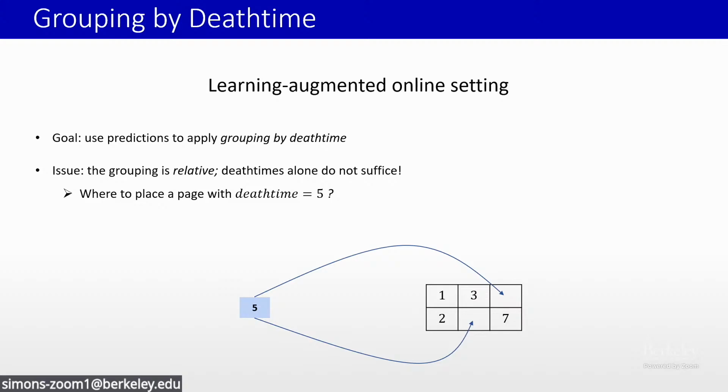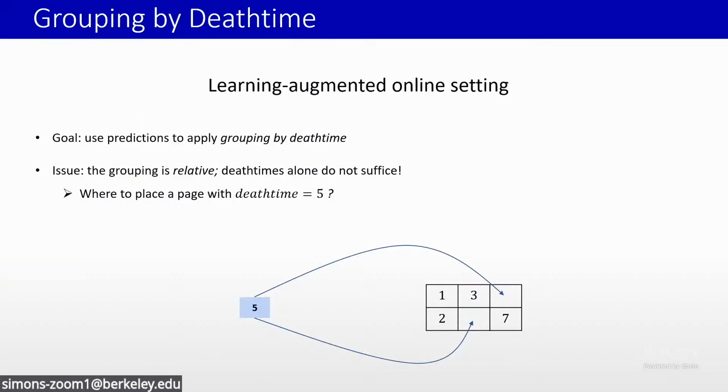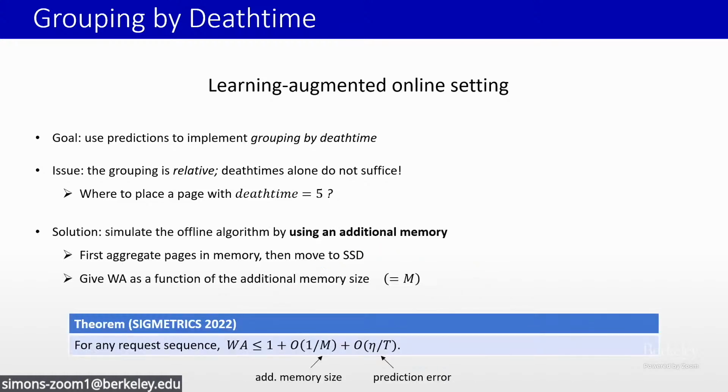It makes sense to write this new page either here or here. Both are consistent with what I want to achieve, but I don't know where to write it. So I need more information than just the death time in the online setting.